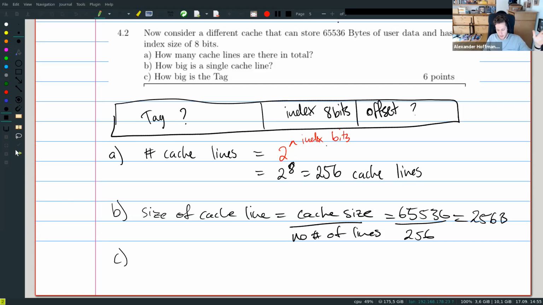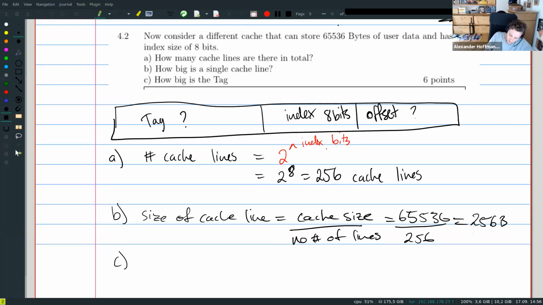So Chan, can you tell me how many bits is our offset field in our address? Yes, like Elliot said, how many bits do we need to represent our offset? We know that we have 256 bytes per line.